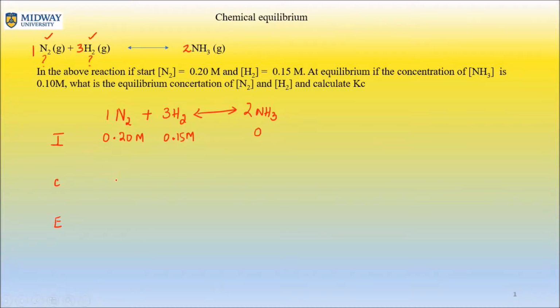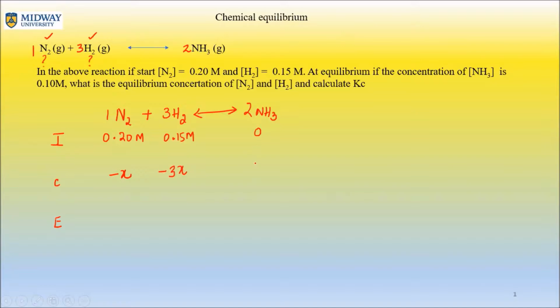And then, as I said, change is always minus on the reactant side and it's plus on the product side, but you've got to be careful. I said that when I recorded the earlier video when we did acid-bases, since it was 1 to 1 to 1, there was no problem. Here, nitrogen is one of the reactants, it's 1, so it's a minus X. Hydrogen is the other reactant, it also gets minus X, but there's 3 of them, so that's minus 3X.